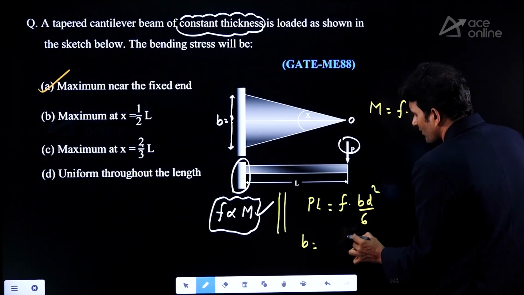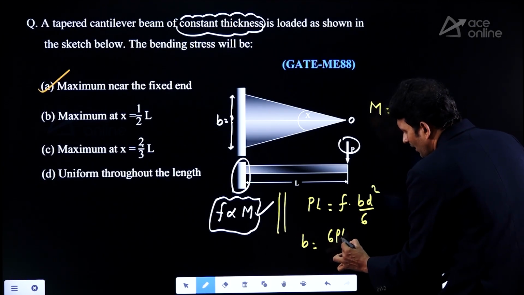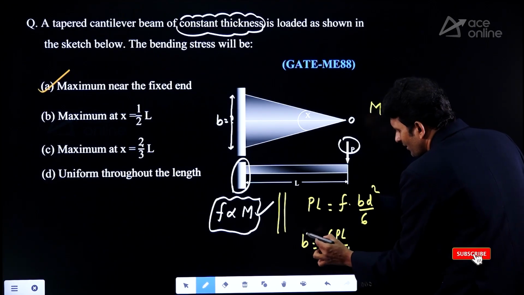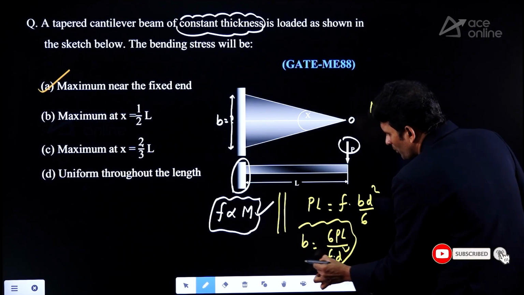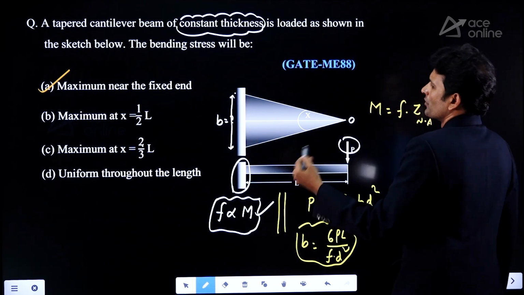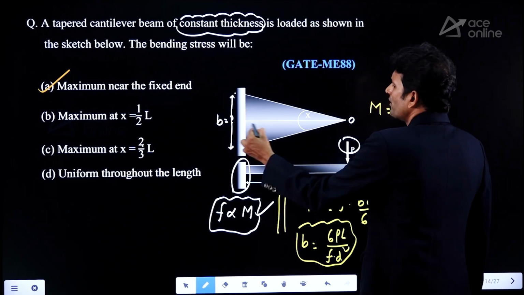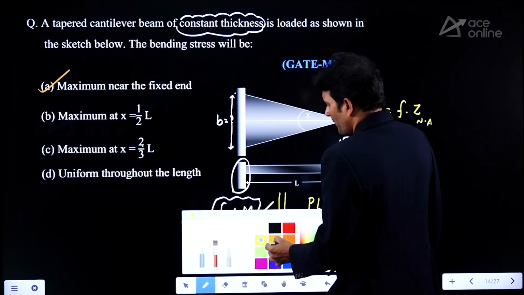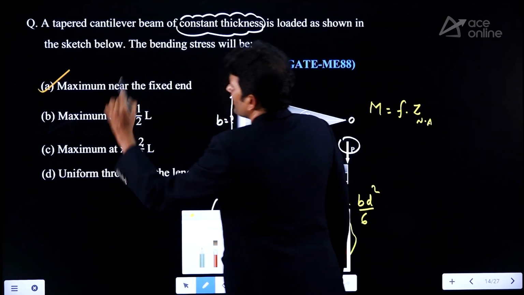B you can take as the subject, then it could be 6PL divided by F into D square. This width I need to provide at fixed support so that we are having the uniform strength throughout the length of the beam. So option A is correct for this one.